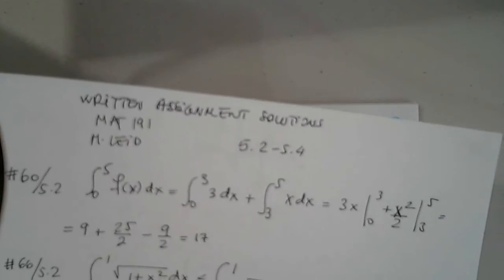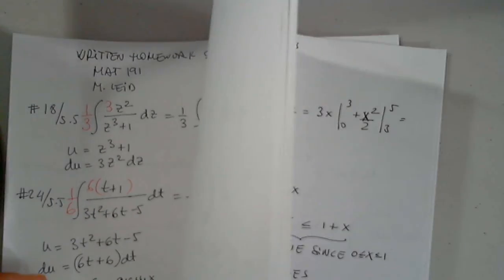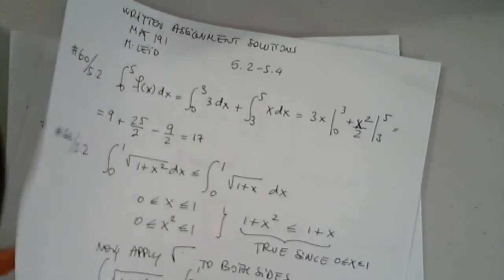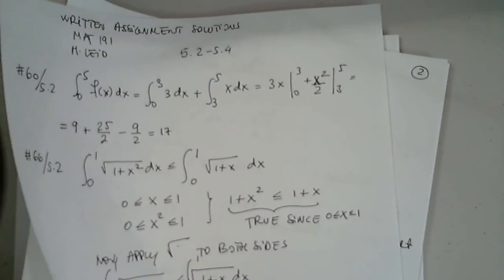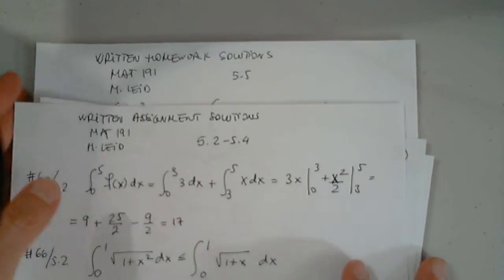I'm going to stop sharing because I think this was a homework problem, wasn't it? I didn't write solutions for it? No, it's right there on your first page. Oh, the very top. Yeah, right.